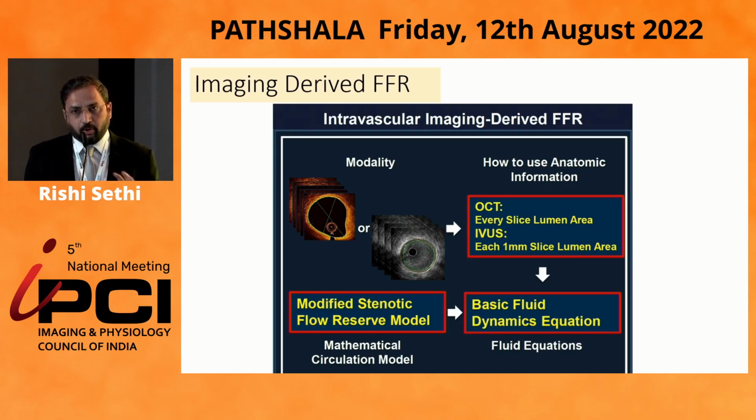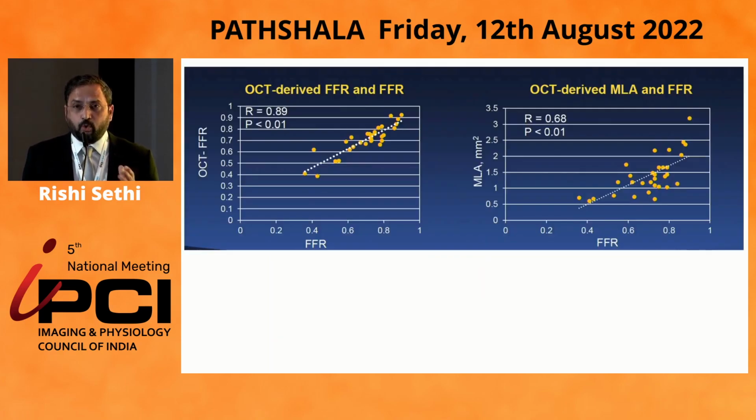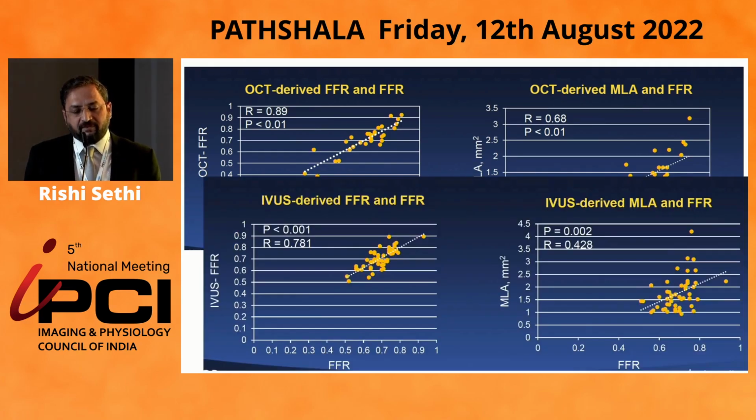You apply some basic fluid dynamic equations and a mathematical calculation model, and you can come up with what is called the OCT-derived FFR, which is much more comparable to the measured FFR than the OCT-derived MLA. Similarly, IVUS-derived FFR is much more comparable with the standard measured FFR than the IVUS-derived MLA.